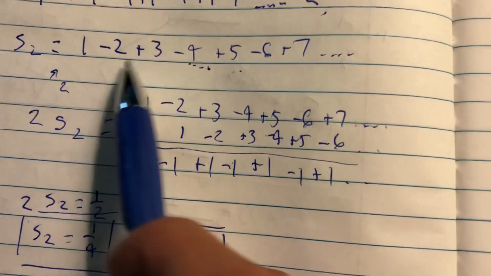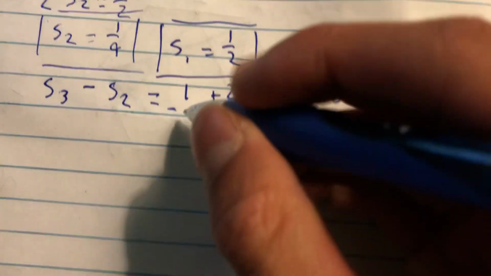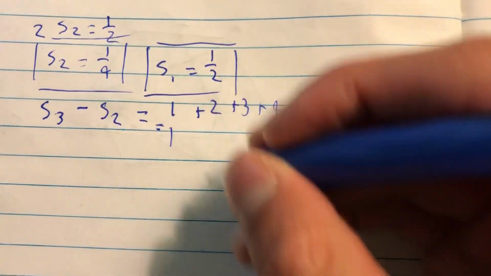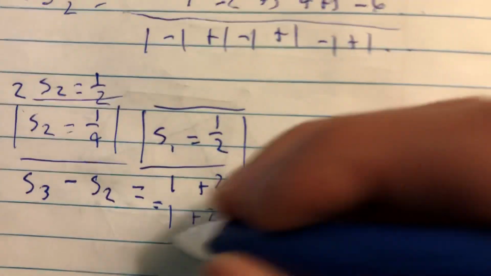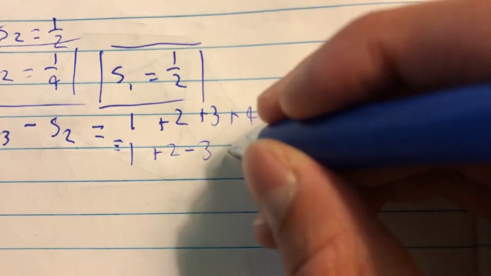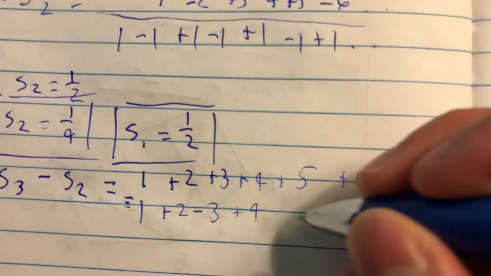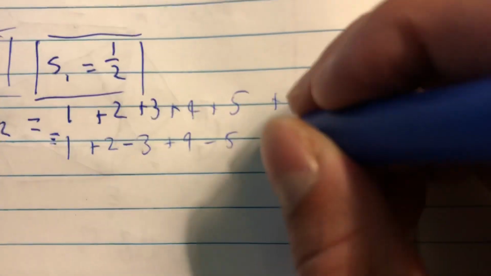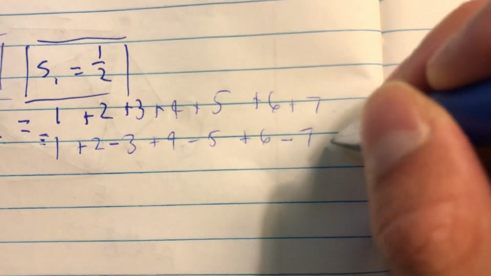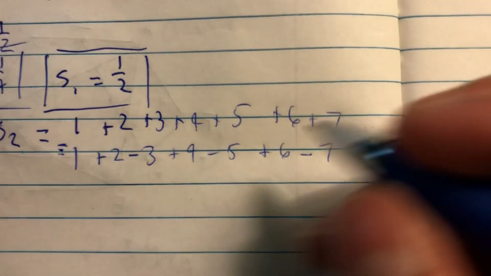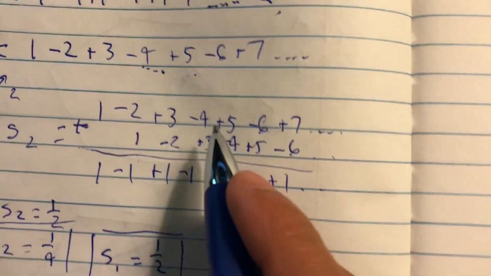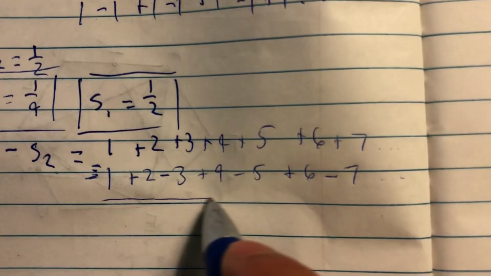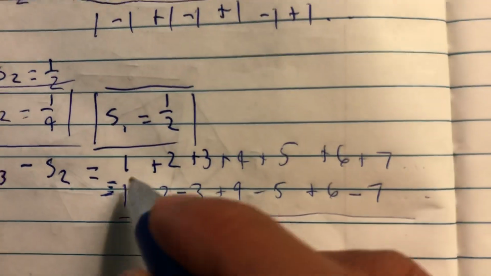S2 is 1 minus 2 plus 3 minus 4 all the way, so we're going to go minus 1 plus 2, minus 3, plus 4, minus 5, plus 6, minus 7, all the way down, because all we did is distribute this negative sign out to all of these terms. So we're going to subtract them both.